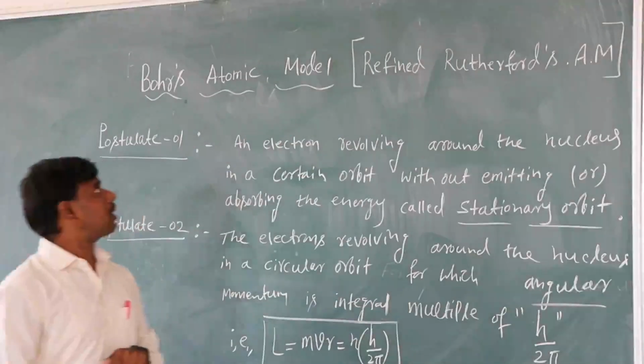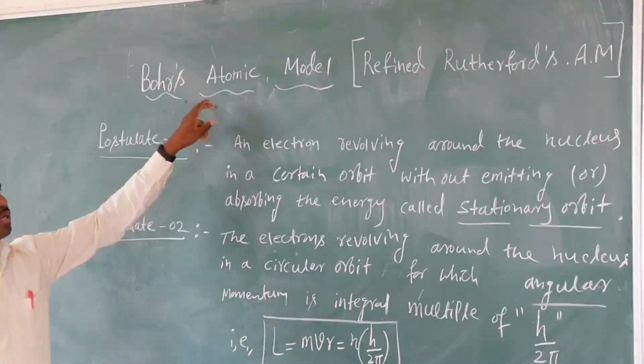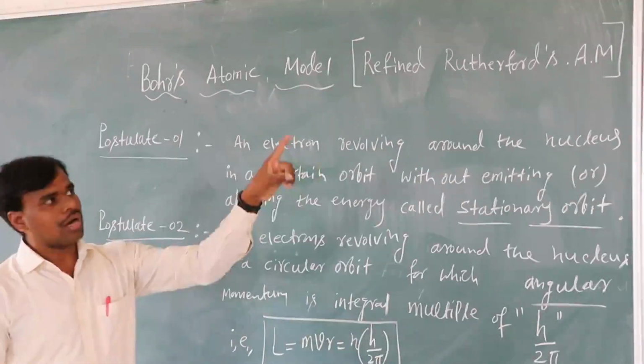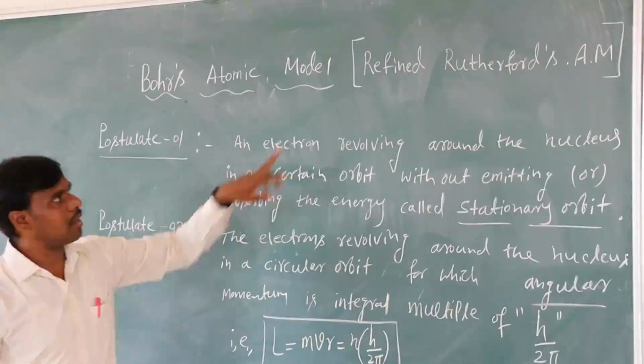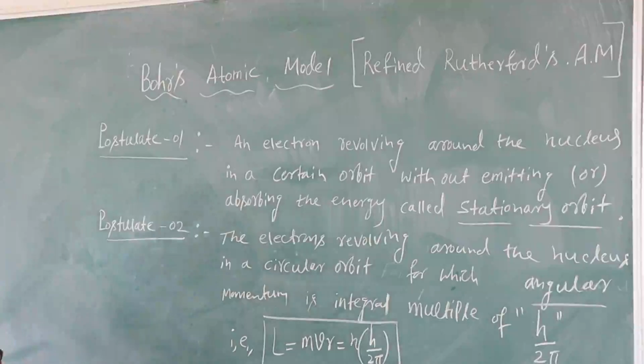Here once again I repeat that Bohr used Planck's quantum theory in order to overcome the limitations of the Rutherford atomic model. Therefore, this Bohr atomic model is also called the refined Rutherford atomic model.